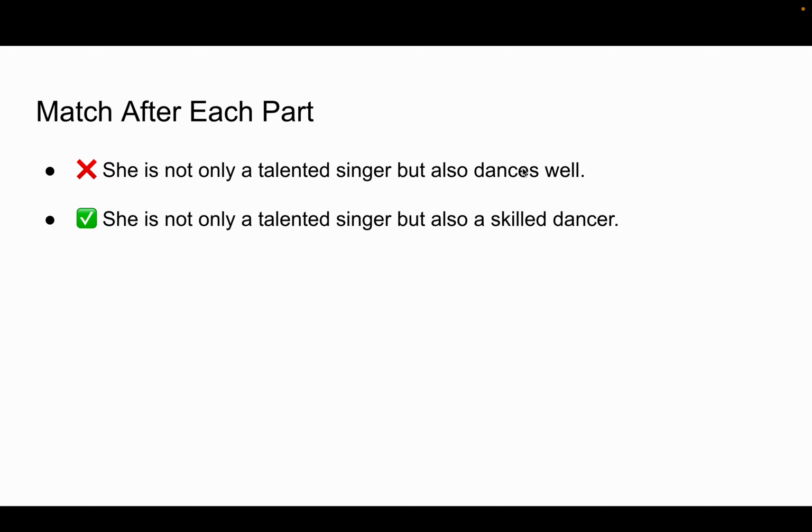If it's a noun, this one should be a noun. If it's a verb, this one should be a verb. So for example here, the mistake is that we are saying this talented singer is a noun, but also dances well. This is a verb. It doesn't sound right. So grammatically, what is considered correct is to say she is not only a talented singer, but also a skilled dancer. So now you can see that these are both nouns, and that's the correct way to write it.